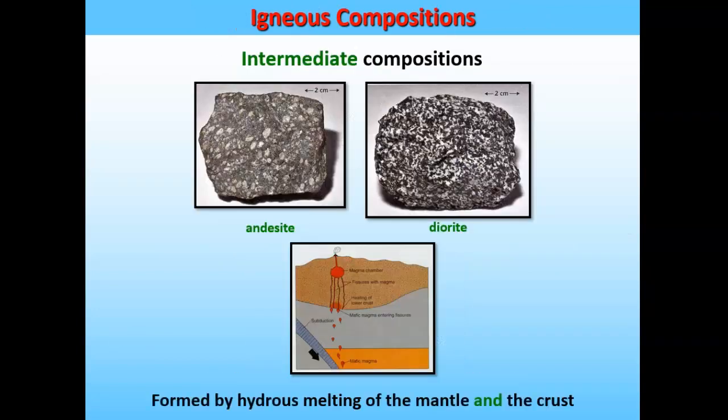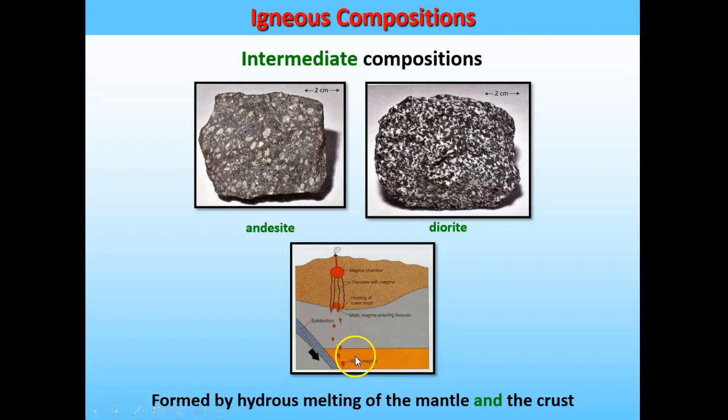The intermediate stuff in general, we argue, is a mixing of the mafic magmas that we get from subduction and the felsic continental crust. So remember, the oceanic crust we said was mafic. The continental crust is felsic. And so when we get melts that come out of the mantle here, even though the mantle's ultramafic, we tend to get mafic melts that come out of here because we're partially melting the mantle.